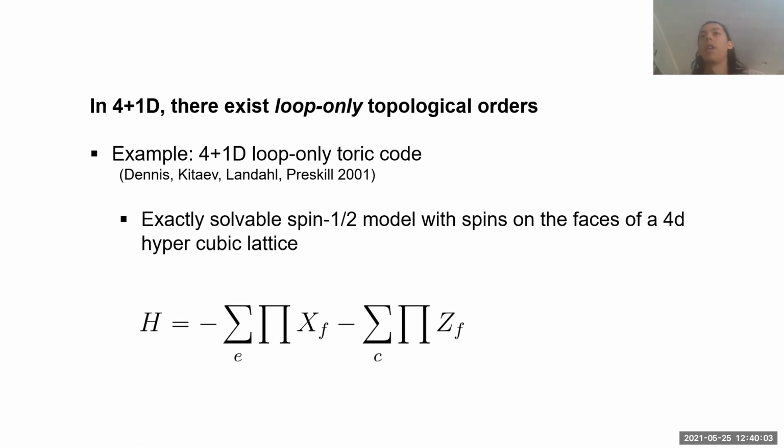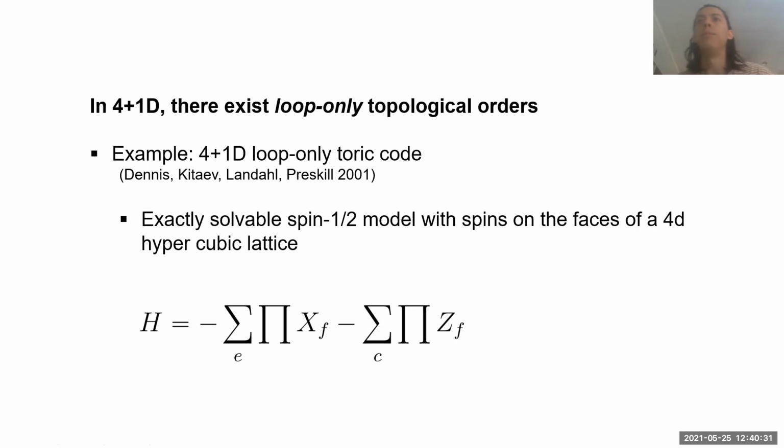This is an exactly solvable spin-half model with spins on the faces of a 4D hypercubic lattice. The Hamiltonian is essentially a sum of terms associated with the edges and the 3-dimensional cubes of the 4D lattice, and essentially has this form here.